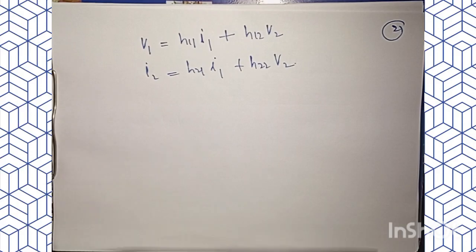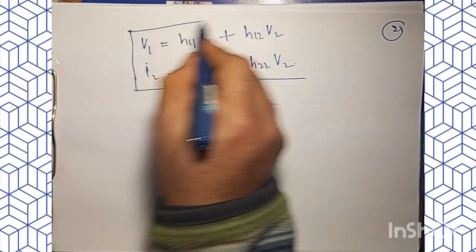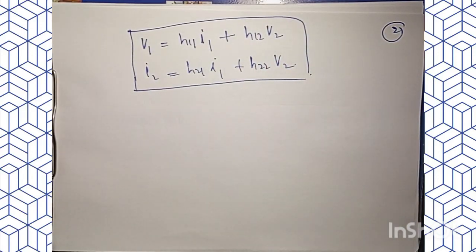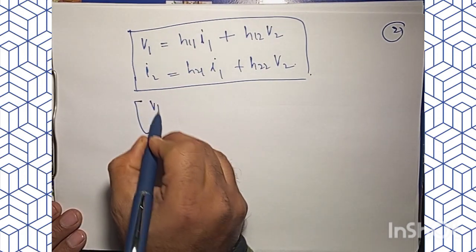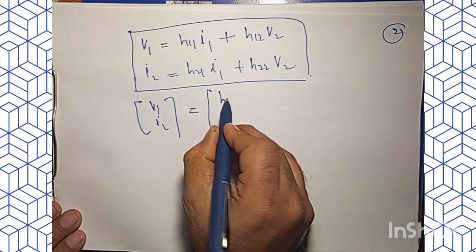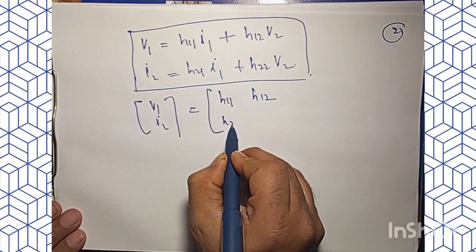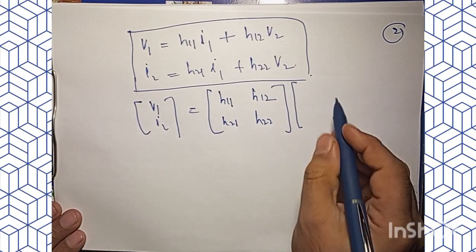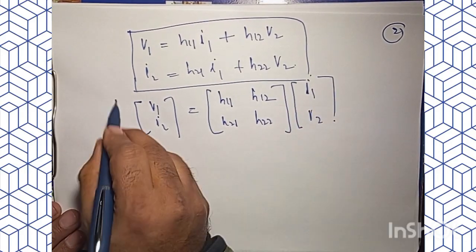All right. So we have this set of equations, and we can write these equations in the form of a matrix as well. As we understand the matrix formulation, we can write V1 and I2 here, and this is equal to the matrix H11, H12, H21, H22, taking a product with I1 and V2. Clear?